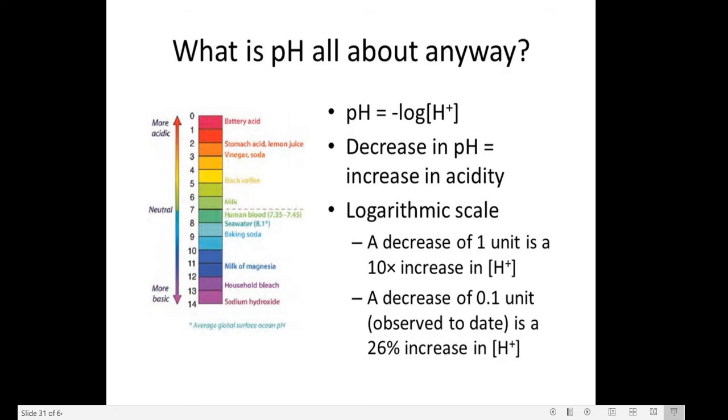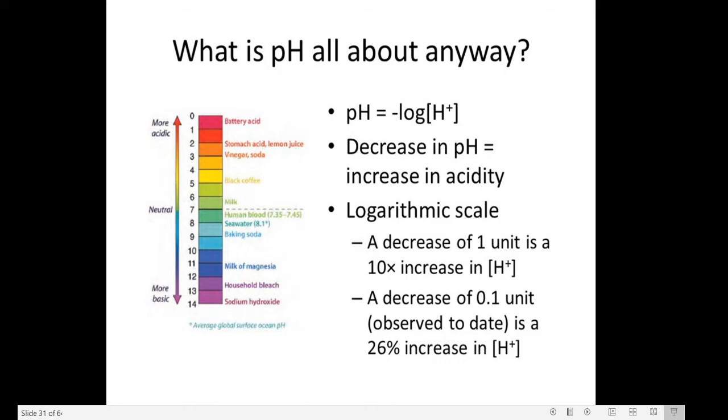What is pH? We all know it helps in balance. It depends on the ions present in the solution or buffer. The formula for pH is minus log of hydrogen ion concentration. As pH decreases, acidity increases. The range of pH is from 0 to 14.